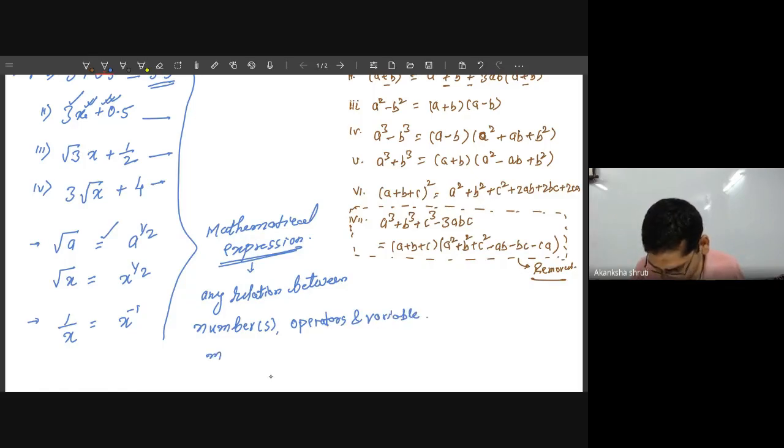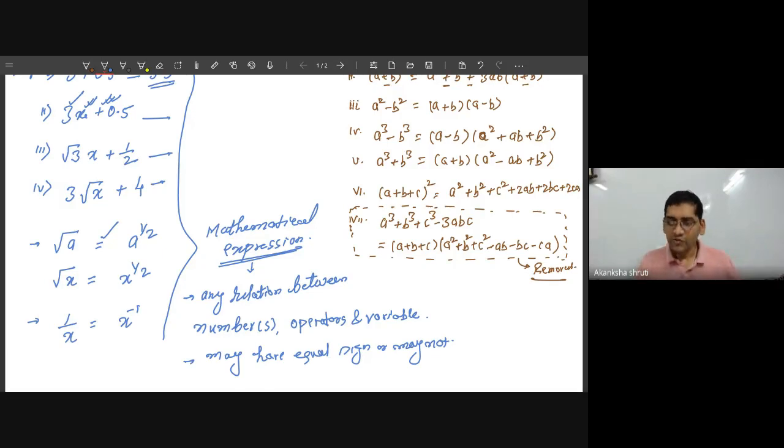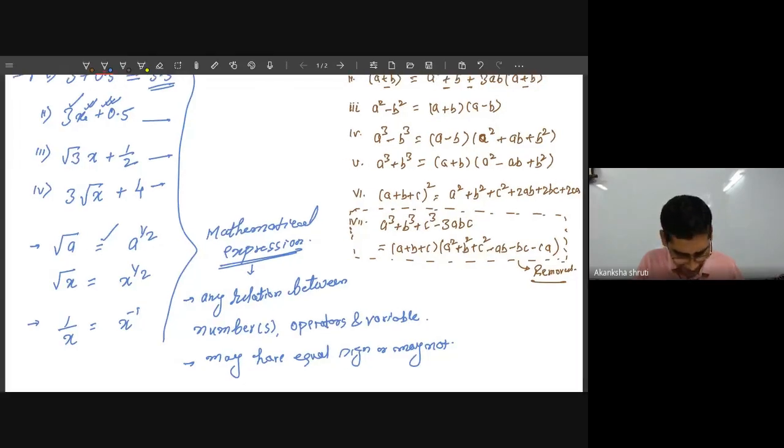It may have an equal sign or may not have. So all these are mathematical expressions. While I will use the definition for polynomial, I may use the term mathematical expression which is satisfying certain conditions. What is that condition for this mathematical expression to be a polynomial? Those things we have to learn here.